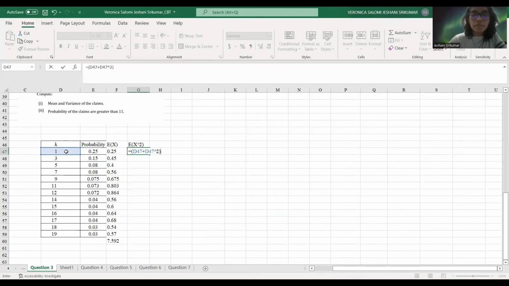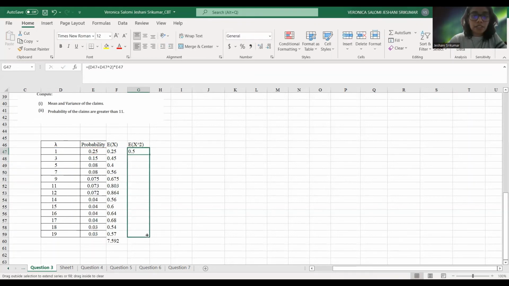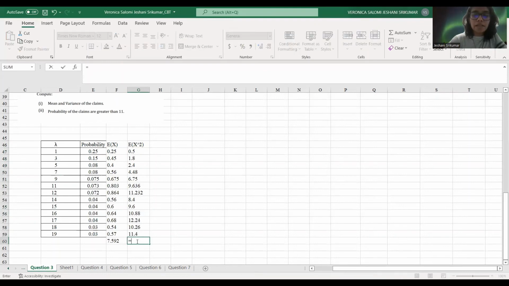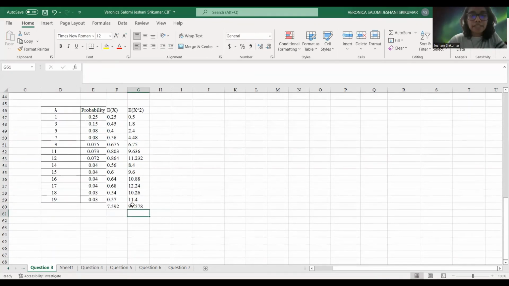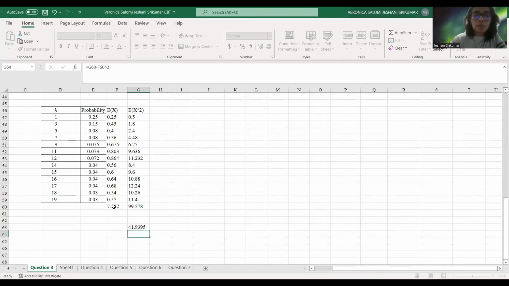And this we multiply with the probability. If we do this for the entire question and we sum it up, we get the second moment. So we know that the variance is equal to the second moment minus the first moment squared, which is 41.9395.